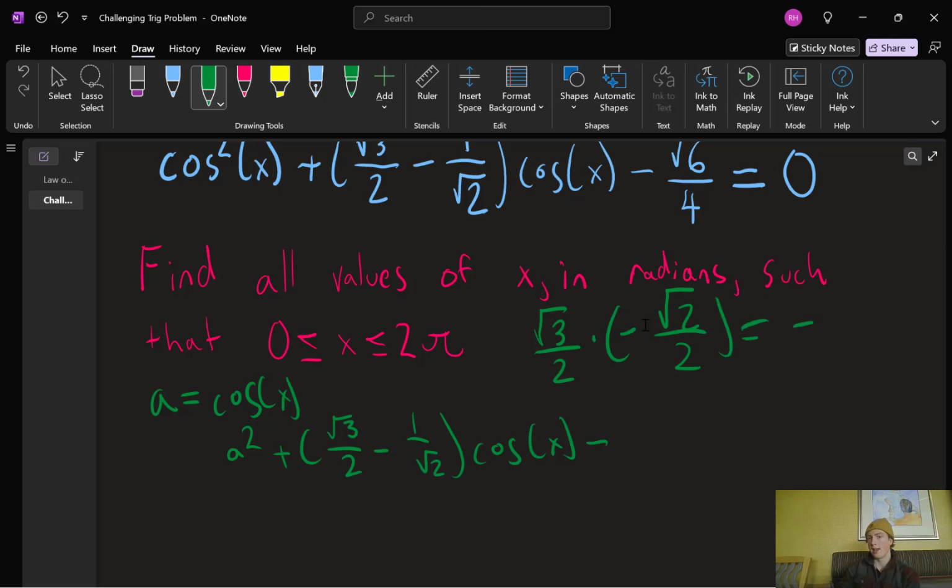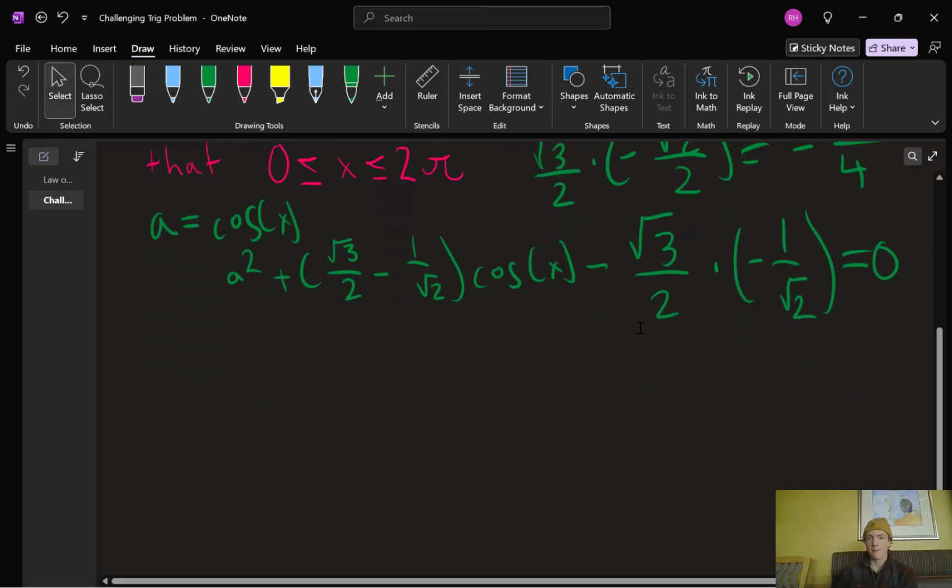So then you get negative square root 6 over 4. I'll put that here because they're equal to each other: square root 3 over 2 times negative 1 over square root 2, and it's all equal to 0.